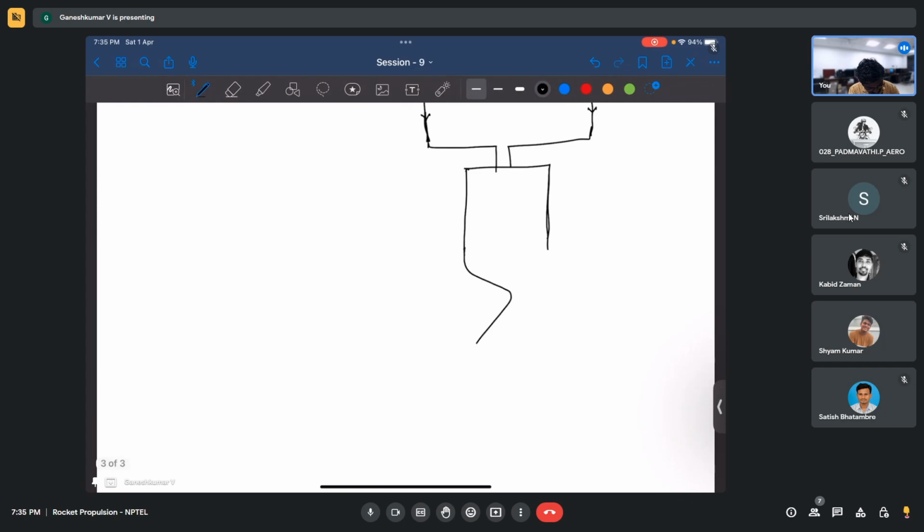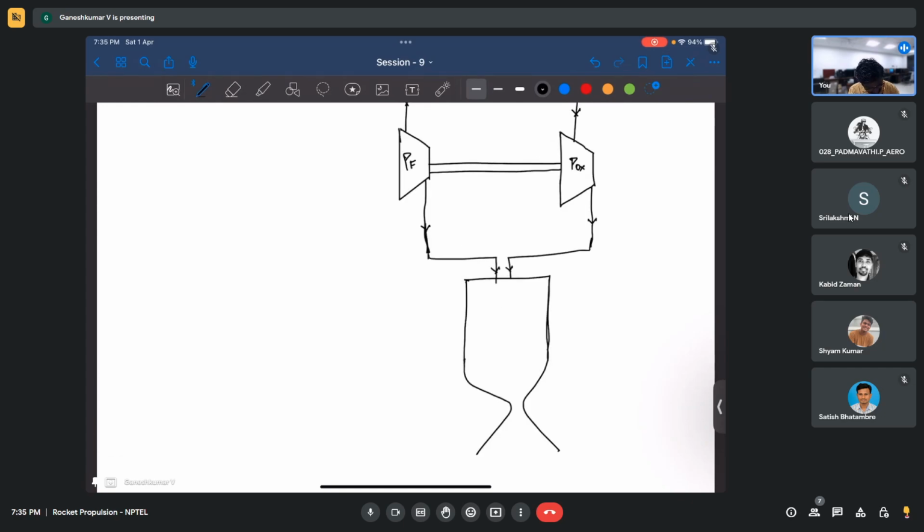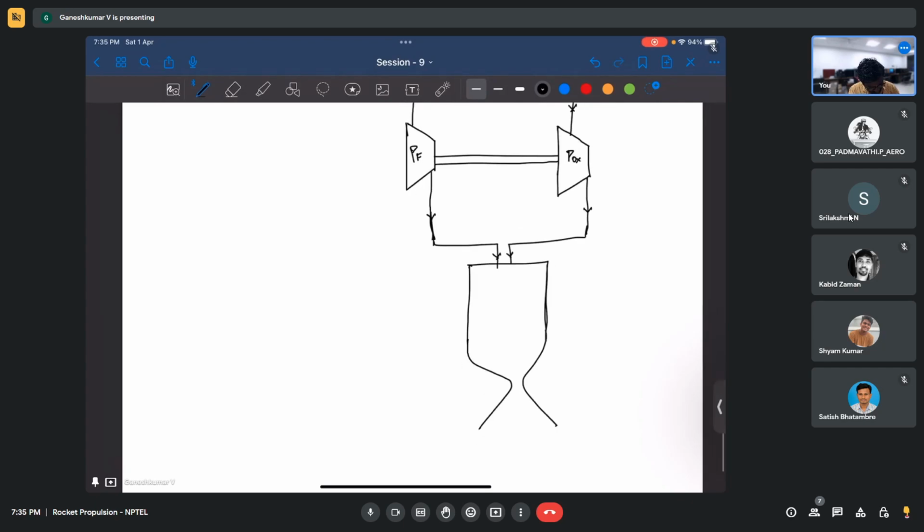Then you will expand it through the nozzle. So there's fuel and oxidizer. Is that it?